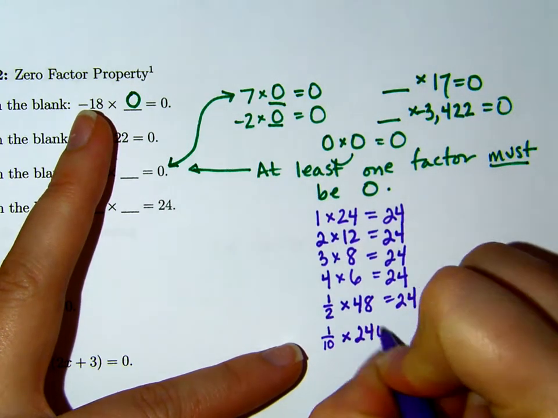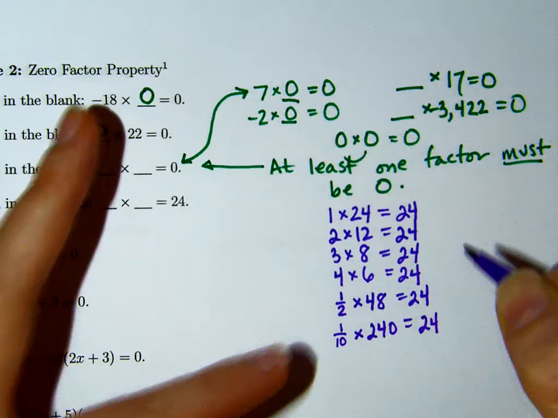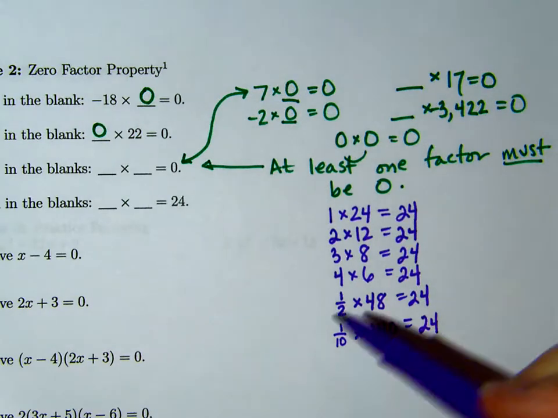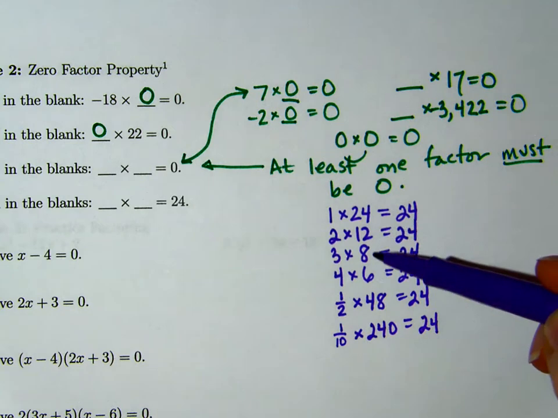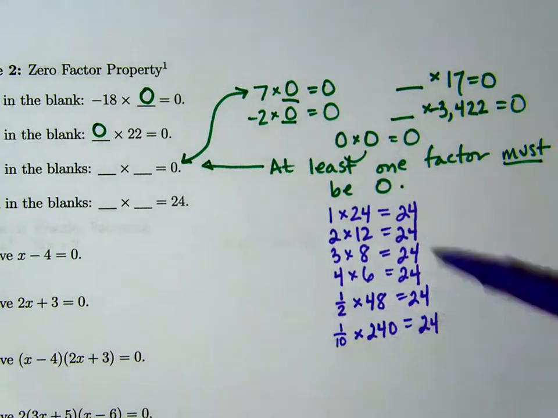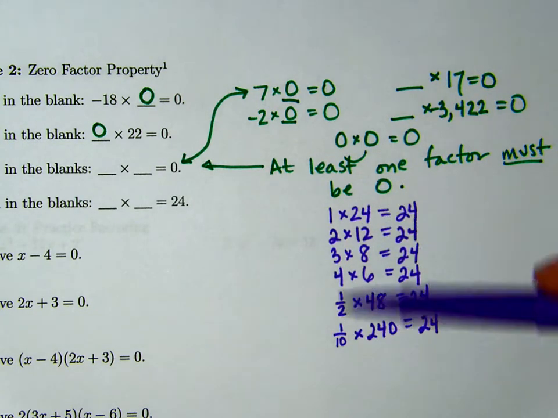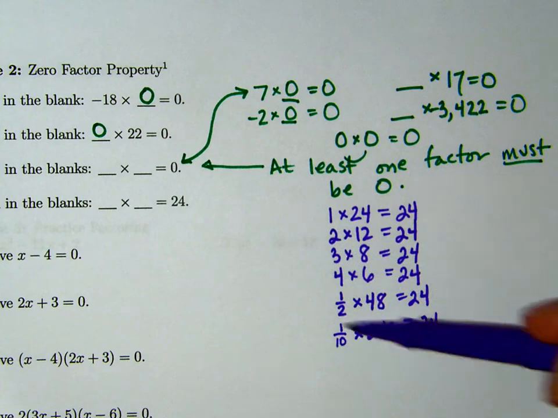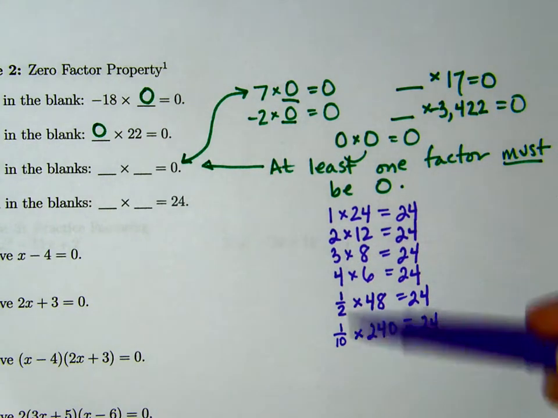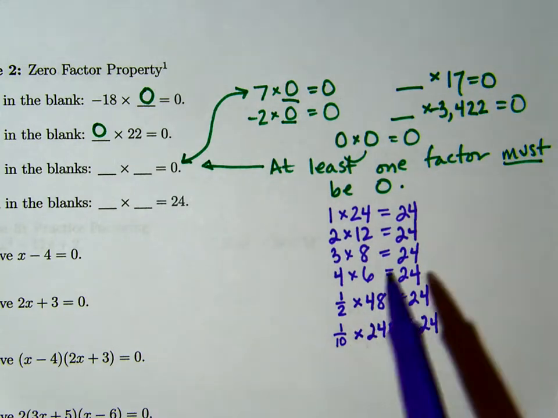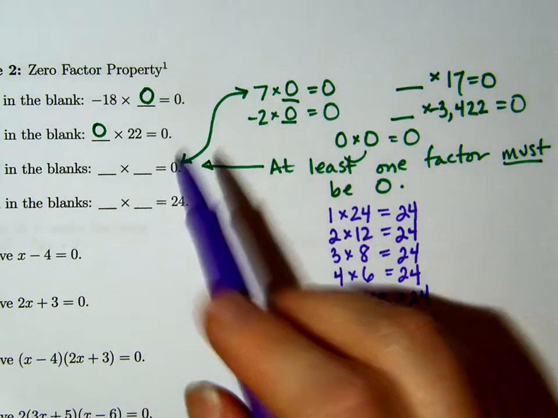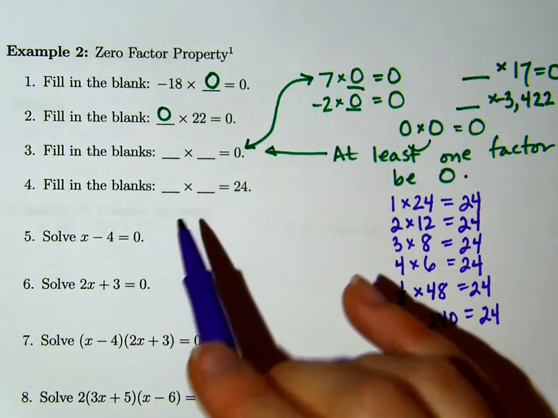A tenth of 240 is 24. And I didn't even dip into the negatives. So right now I have 1, 2, 3, 4, 5, 6 possibilities. And I could have as many fractions as I wanted to. I could go positives and negatives. There are actually infinitely many possible answers to filling in this blank.